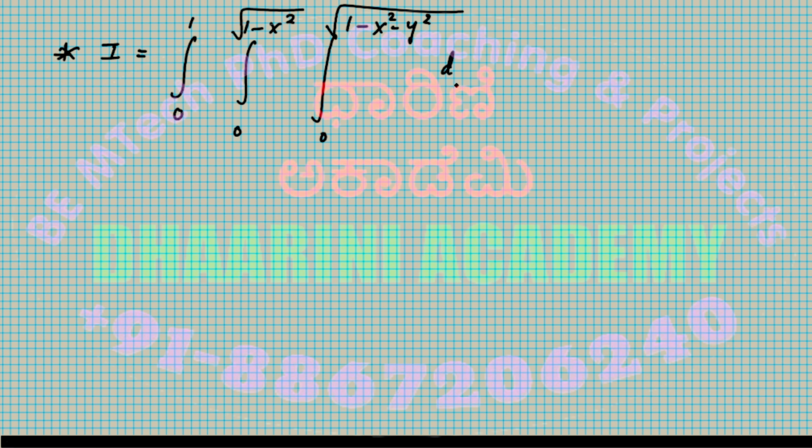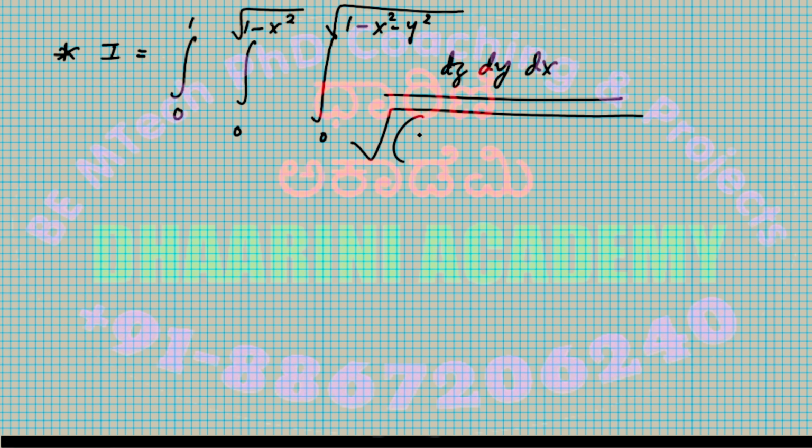This is dz dy dx divided by under root 1 minus x square minus y square. Oh, this is also under root, square root here. Okay, square root, and this is a square.